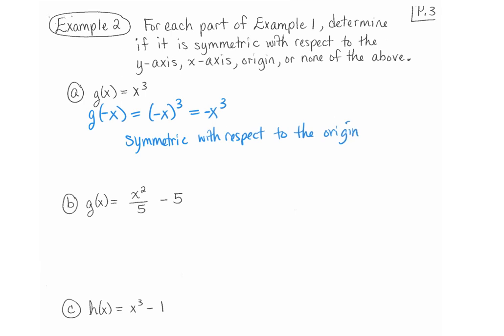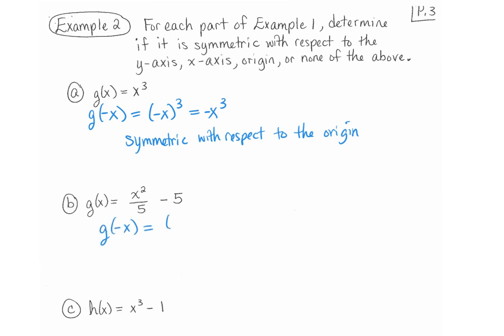g of x we know is what for B? Our parent function is x squared, so in terms of answering our question, symmetric with respect to the what? Y-axis. Good. So we find g of negative x.